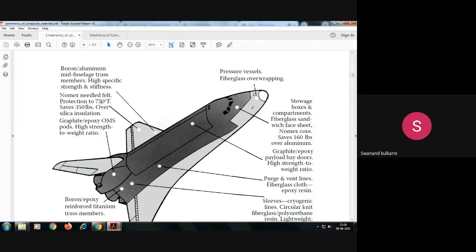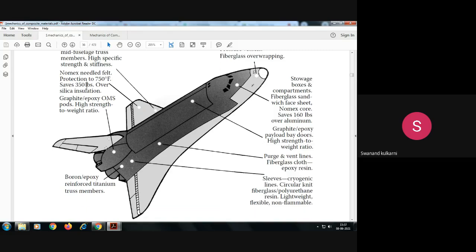Then here you can see the silica insulation. So around this, in order to protect against the large temperature, near about 350 pounds of weight saving advantage it will get, and silica insulation is there.